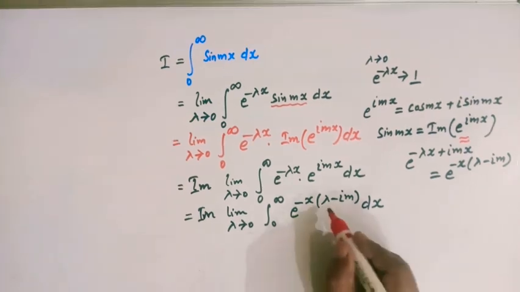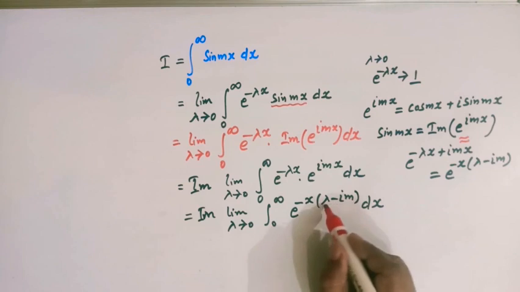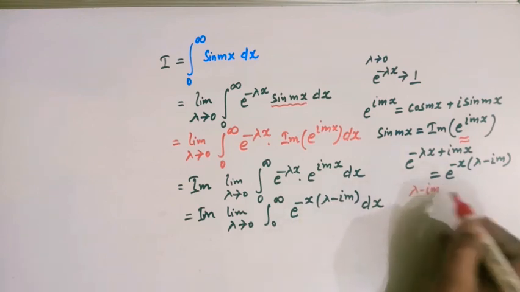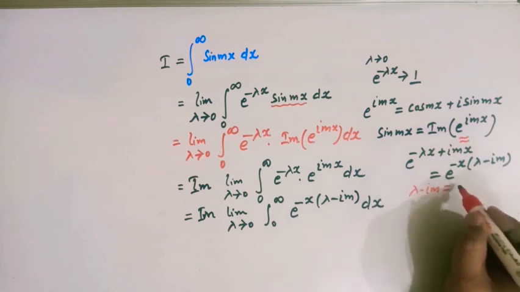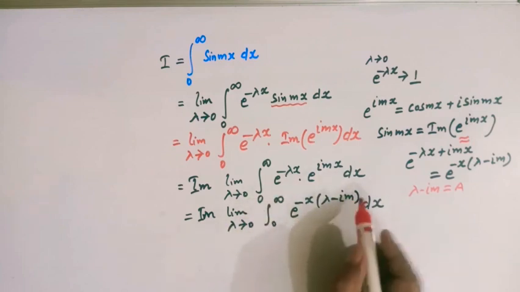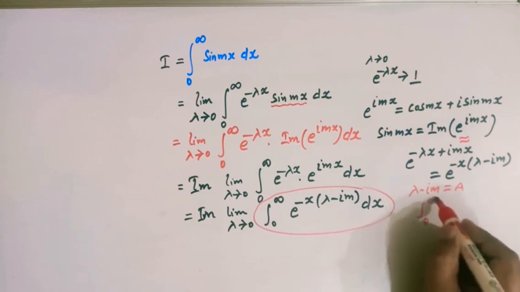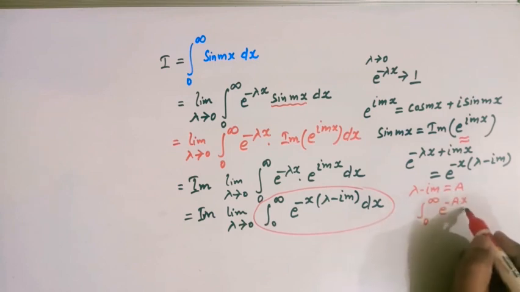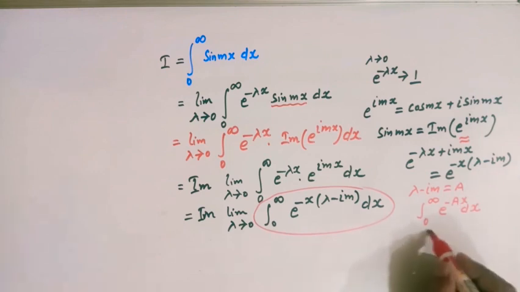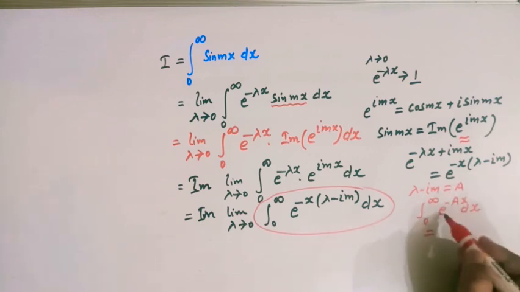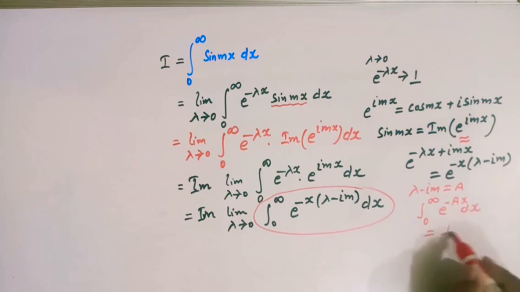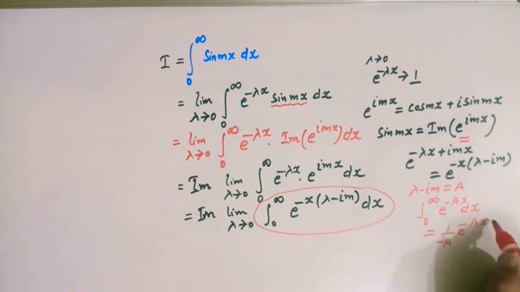Now viewers, let us denote this complex number lambda minus iota m by some other complex number, say a, right? So now this integral becomes the integral from 0 to infinity of e raised to minus ax dx. We can integrate e raised to minus ax as 1 over minus a times e raised to minus ax, with the limits from 0 to infinity.